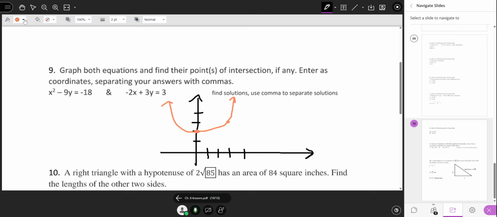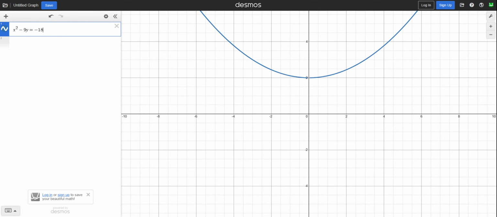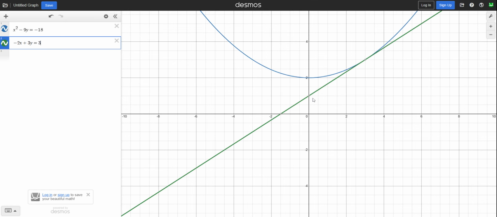Now, for my line, let me go back to Desmos. Negative 2x plus 3y equals 3. 0, 1, and 3, 3.